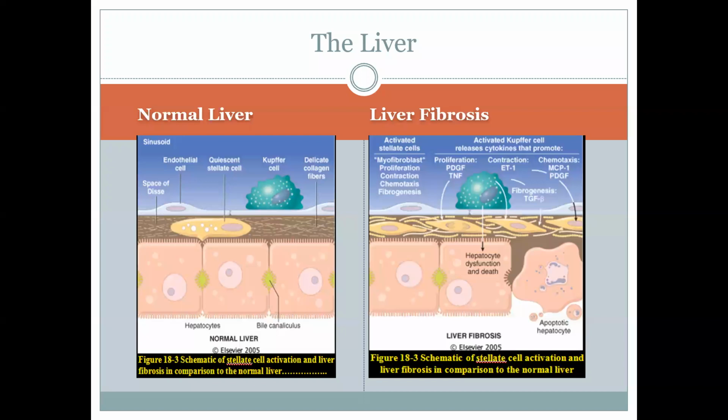What happens in a pathologic condition is that there are messages that come to the Kupffer cell, which is the command center in this process. This is the Kupffer cell right here, along with the endothelial cells and the hepatic cells.